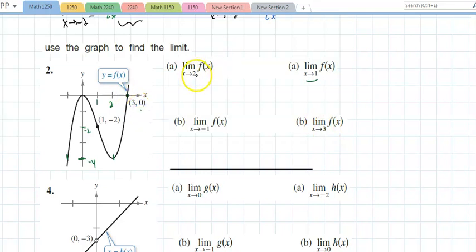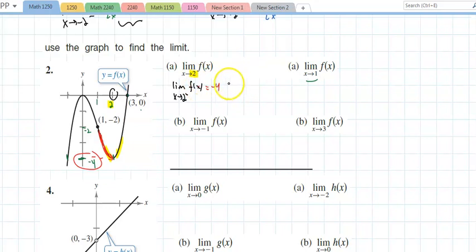So let's see, the limit as x approaches 2. Let's talk about 2. If x equals 2, I'm trying to look from the left and from the right. I look at the limit as x approaches 2 from the left, coming from the left side of 2. As I get very, very close from the left, y is leveling off next to negative 4. That's good, but that's not enough.